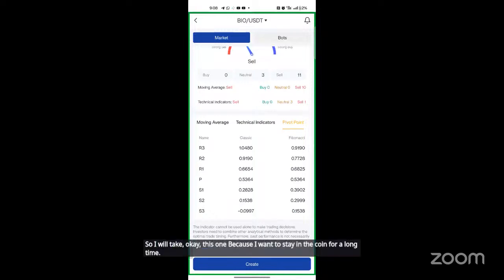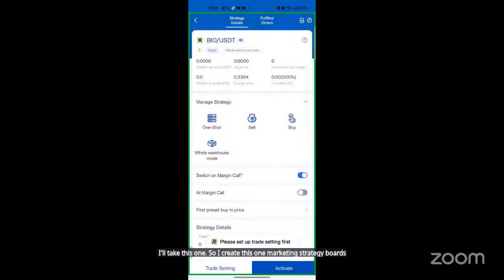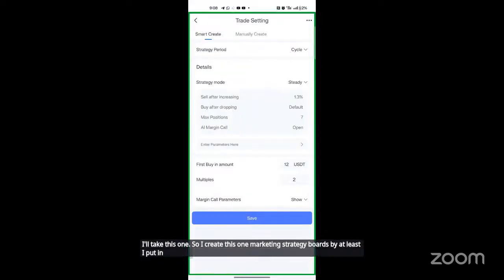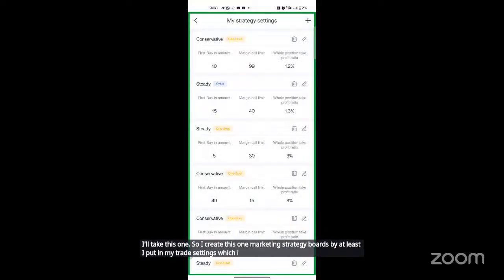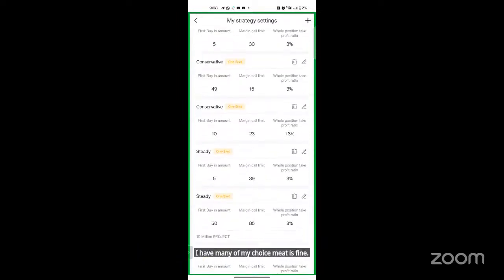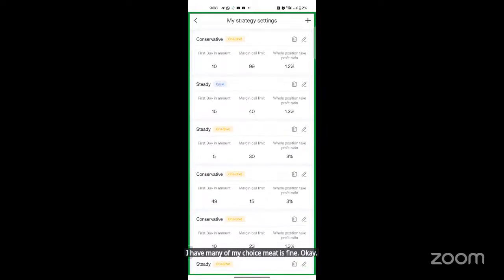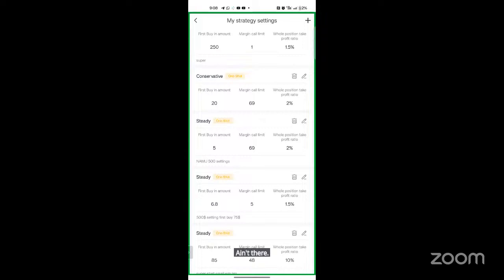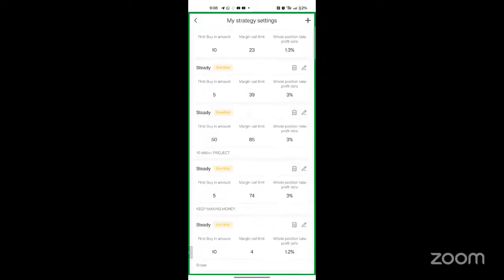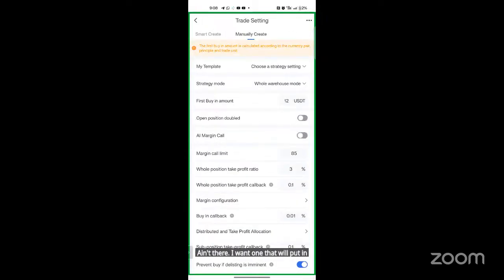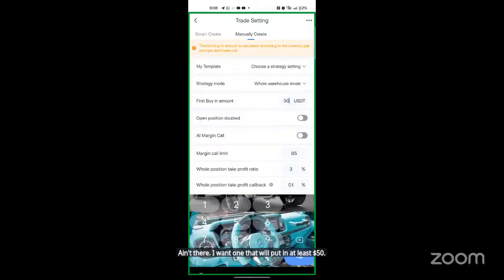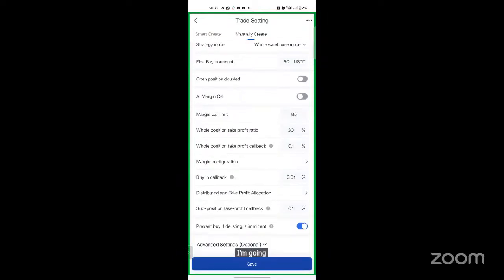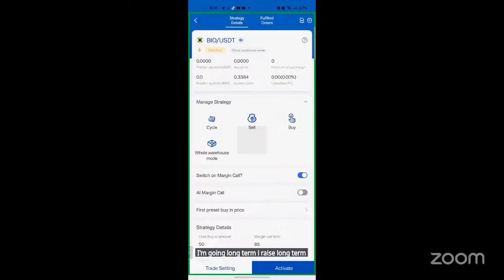I create a martingale strategy bot, and I put in my trade settings, which I already have. I want one that will put in at least $50. I'm going long term. I raise 30% take profit.